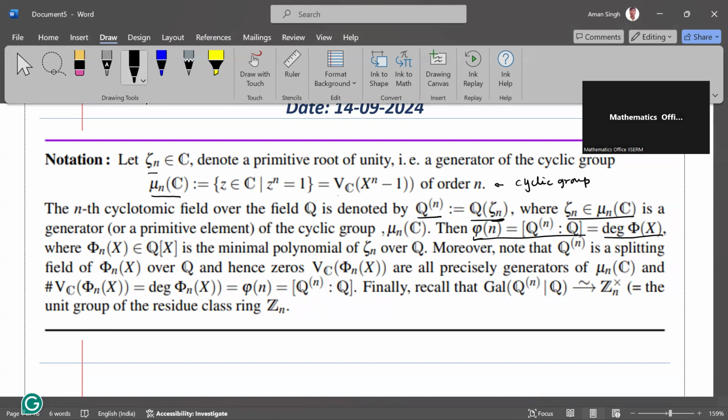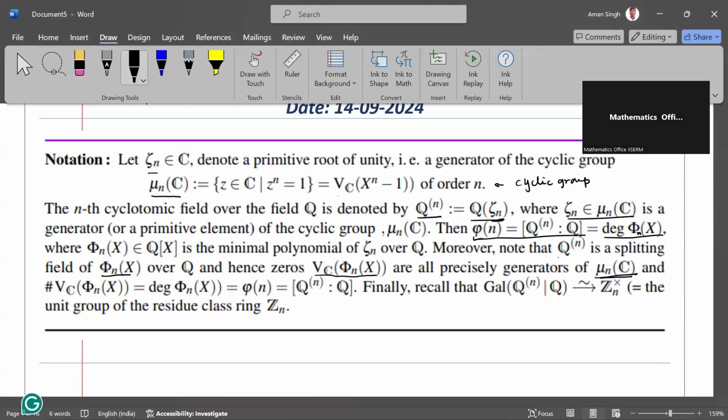Okay, so Q(zeta n) is a splitting field of Phi n x over Q, and hence the zeros of this Phi n x, the minimal polynomial of zeta n, are precisely the generators of mu n in C, because Phi n x has degree phi n.